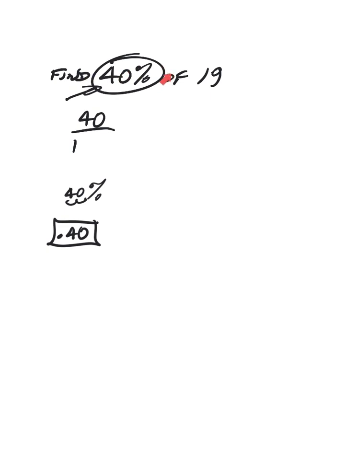The of sign, whenever you're dealing with story problems, always means multiply. So this says 40% times 19, or 0.40 times 19. It doesn't matter which one goes on the top. 19 times 0.40 or 0.40 times 19.